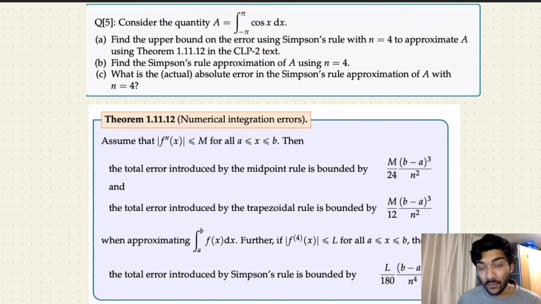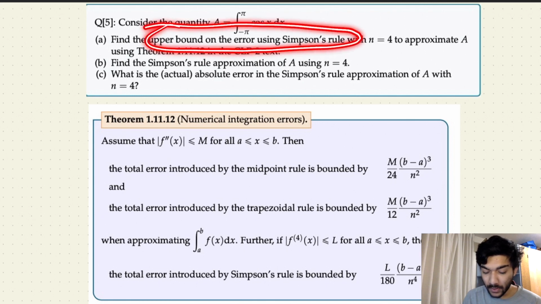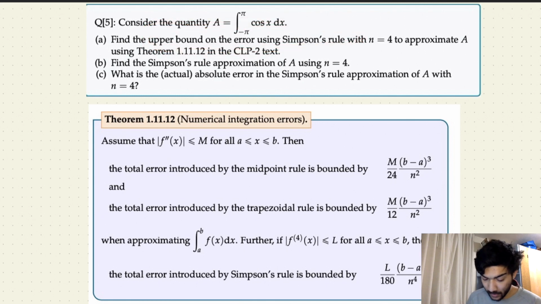So in this video, we will be using the concepts that we covered in the last videos, and one very important concept was calculating the values of M and L. Whenever you want to calculate the upper bound on the error using Simpson's rule, you use this formula over here. This expression will give you the upper bound on the error using Simpson's rule.